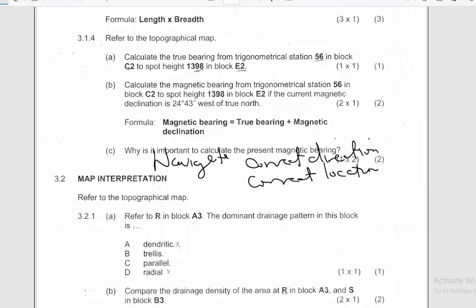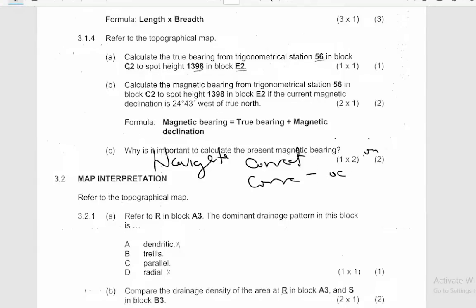So we need to use the present magnetic bearing. If you are to navigate today, you cannot use statistics for 2022. That is going to be inapplicable and wrong, and is going to guide you to wrong places. So basically, that is why it is important for us to follow the present magnetic declination when we are navigating.